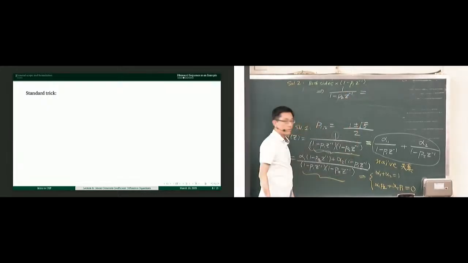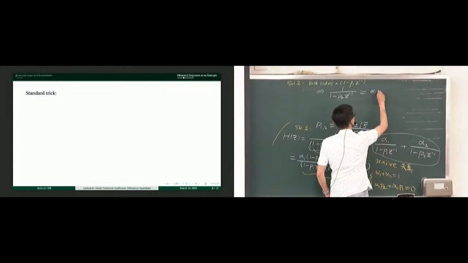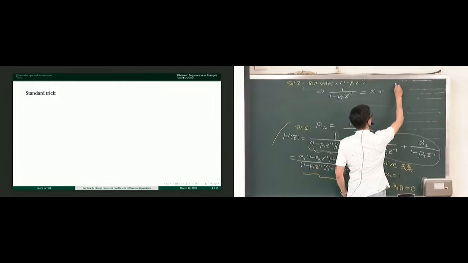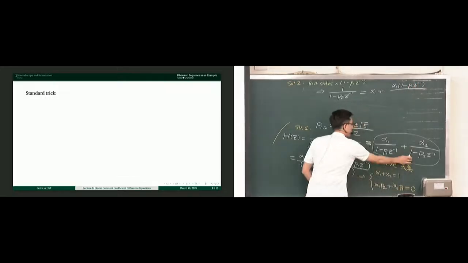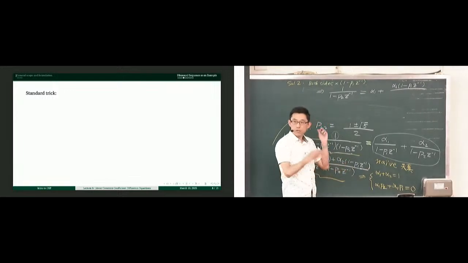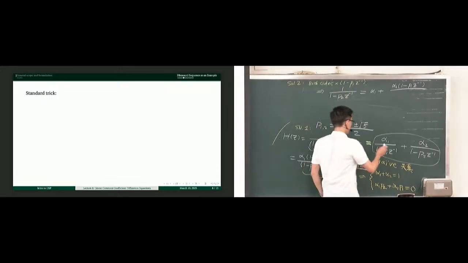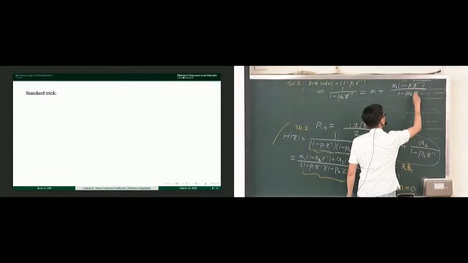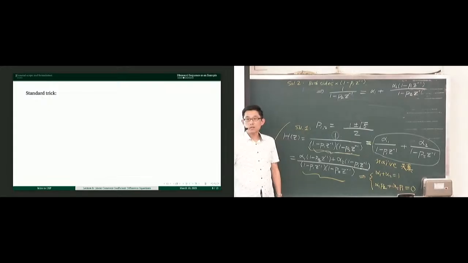On the right, what do we have? On the right, we have alpha 1 plus what? Alpha 2, 1 minus P1 Z inverse divided by, just multiply both sides with this factor. The equality should still hold, okay?